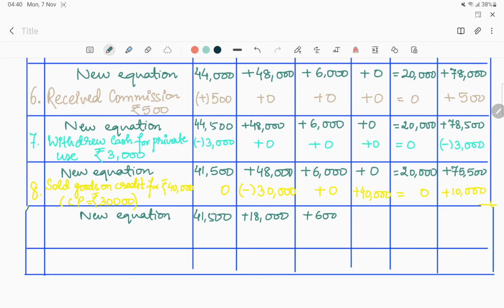Furniture 6,000. Debtor amount 40,000. Liability 20,000. Capital 85,500.